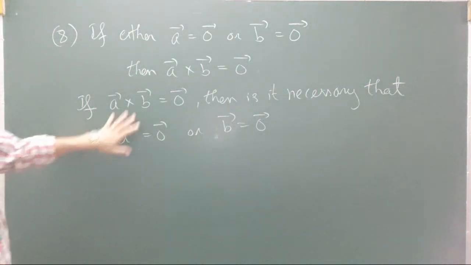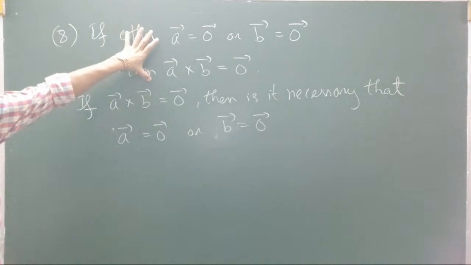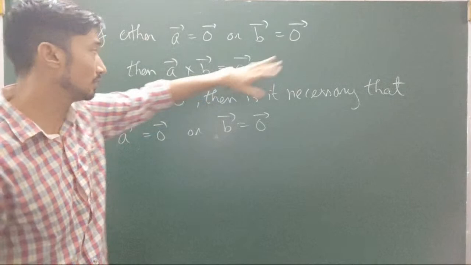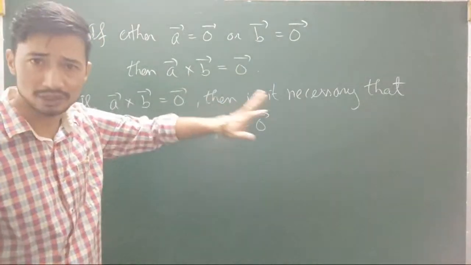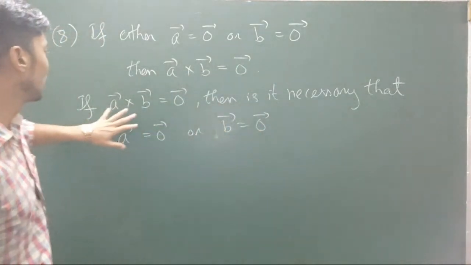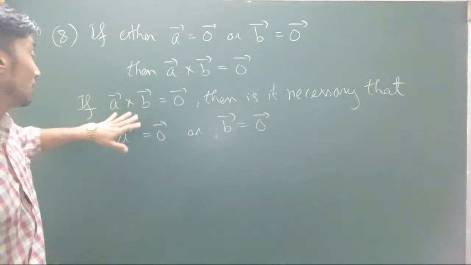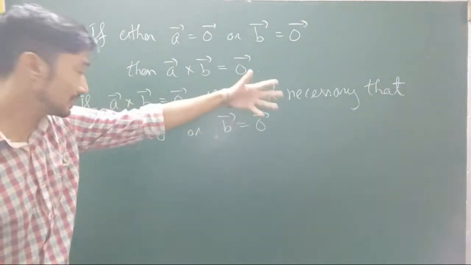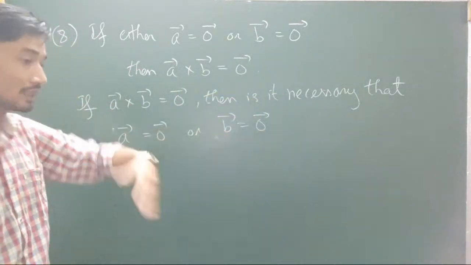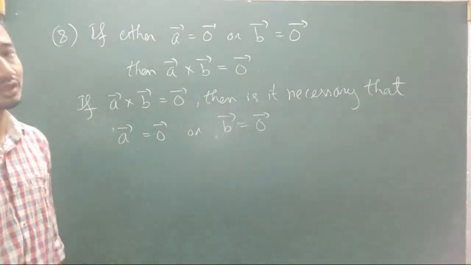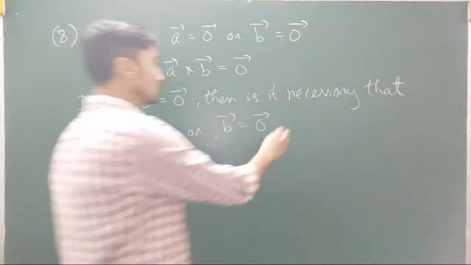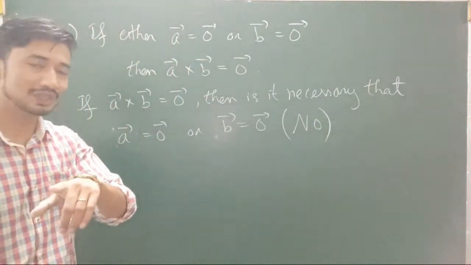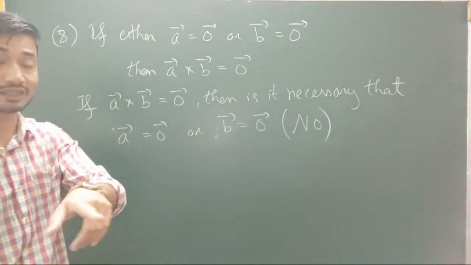Now this part there is no doubt about, because if A is a zero vector or B is a zero vector, either one, the cross product of course will be zero. Now what they are asking is, on the other hand, if A cross B is a zero vector, is it necessary that either one of the vectors has to be zero? Answer is actually no. A similar question was done in yesterday's exercise 10.3 also.